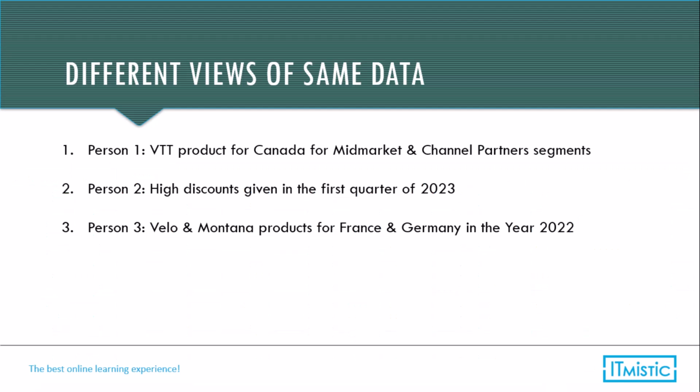So let us talk about person 1, who is interested in looking at VTT product for Canada for mid-market and channel partner segments. Let us apply filters for person 1.